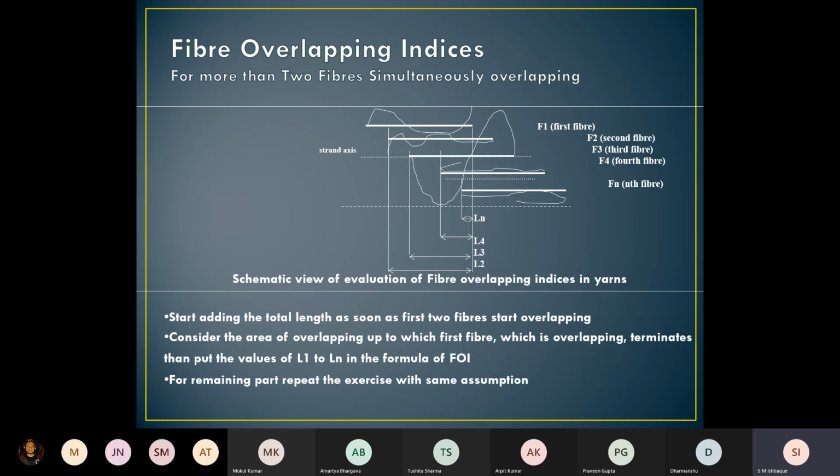The moment we understand fiber overlap to a large extent, we are able to explain these types of issues, which I've raised a number of times during these lectures.